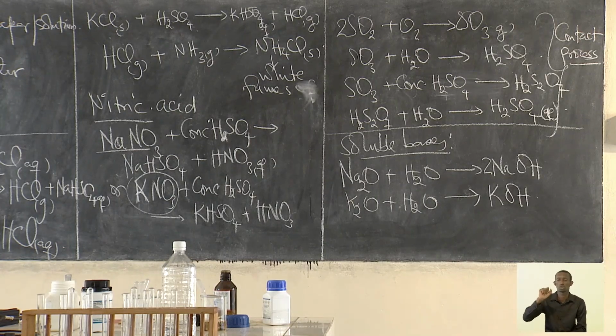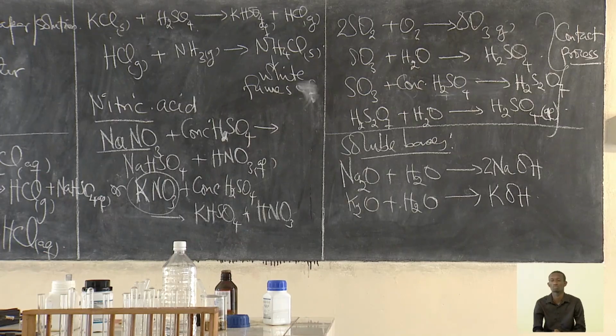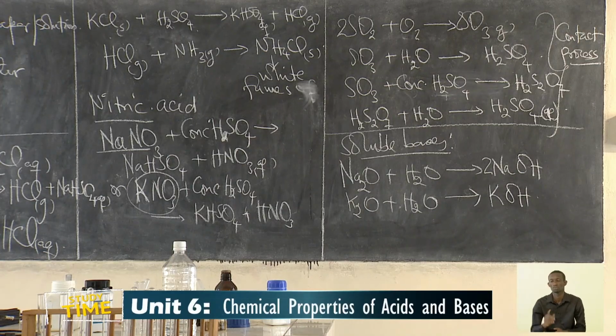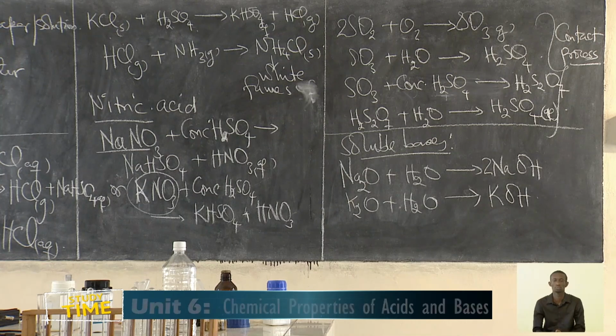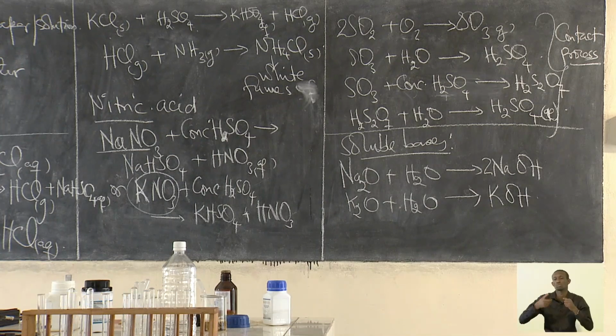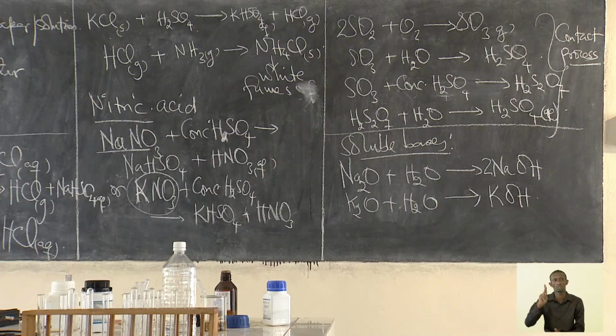This will form sodium hydroxide plus hydrogen gas. I've done this experiment many times. Or you can have potassium reacting with water. This will form potassium hydroxide plus hydrogen gas.